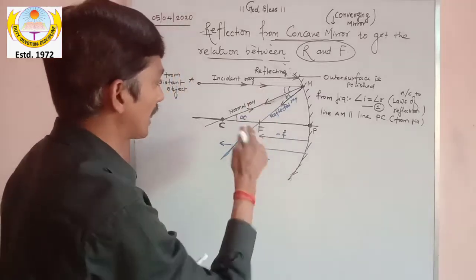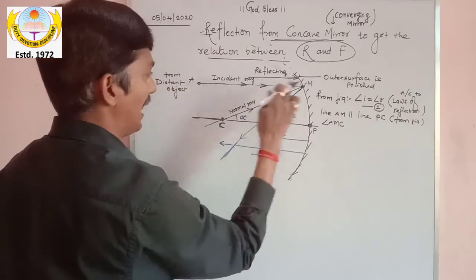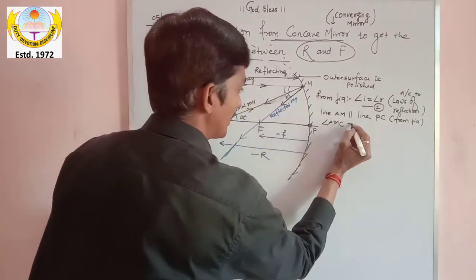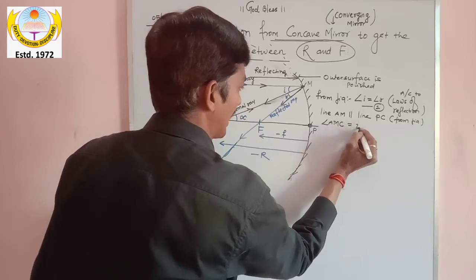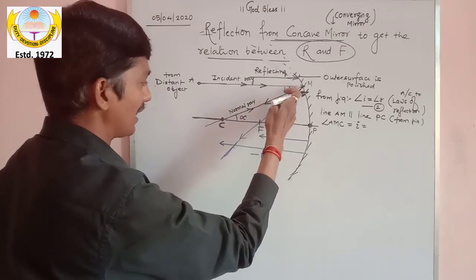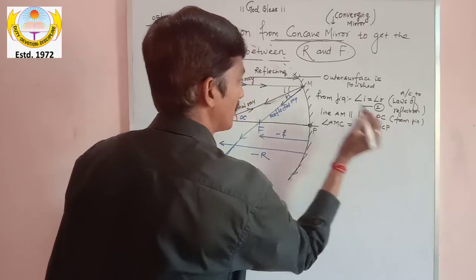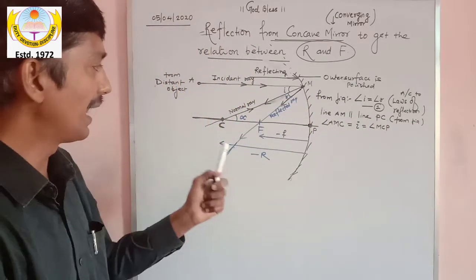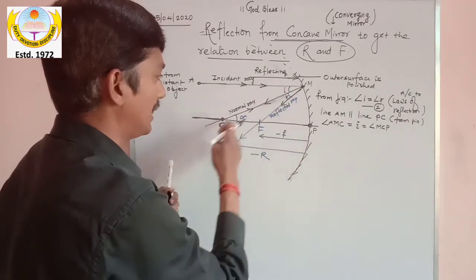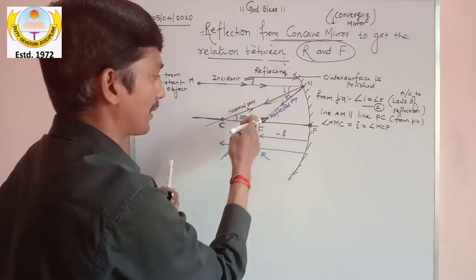Now here also you can see angle AMC. How much is that angle? i. And it is equal to angle MCP. You can see M here, C here and P here. MCP. Why? Because i and alpha become alternate angles.